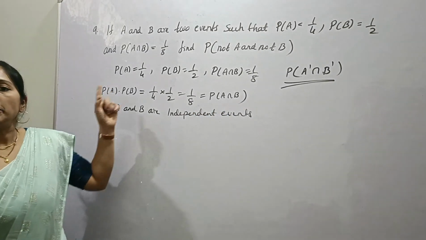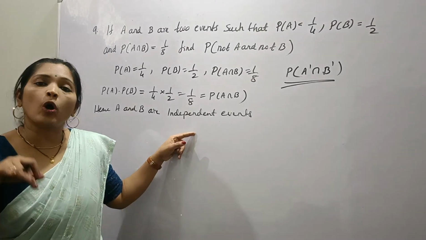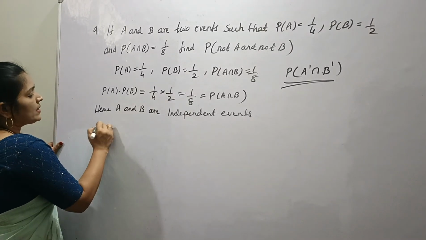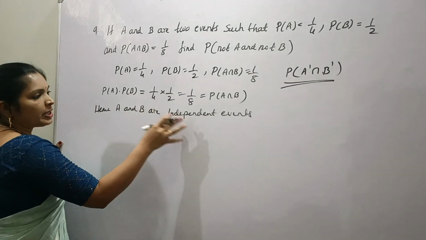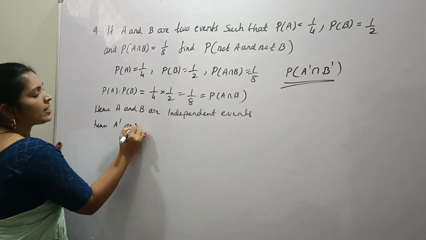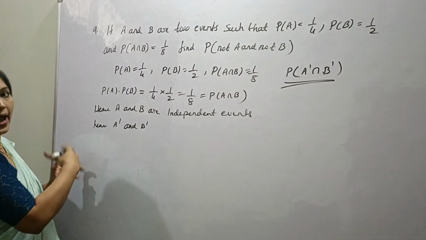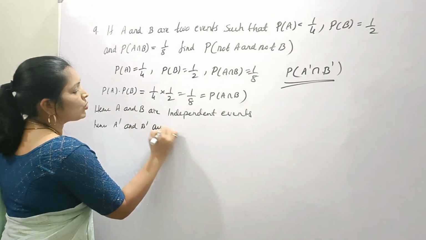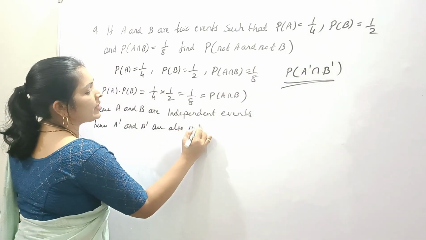Since A and B are independent events, their complements are also independent events. That is, A complement and B complement, meaning not A and not B, are also independent events.